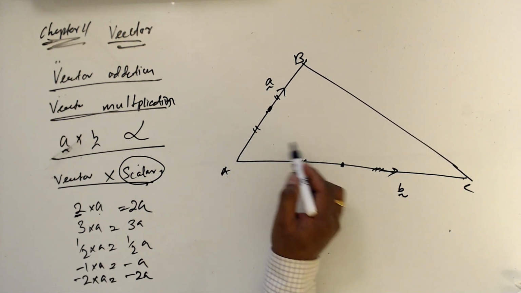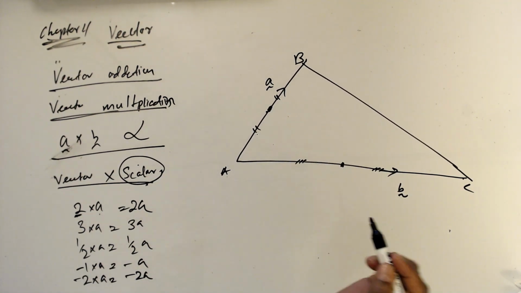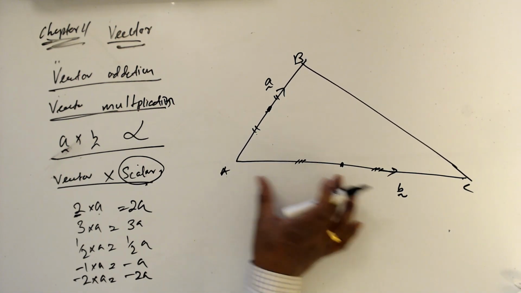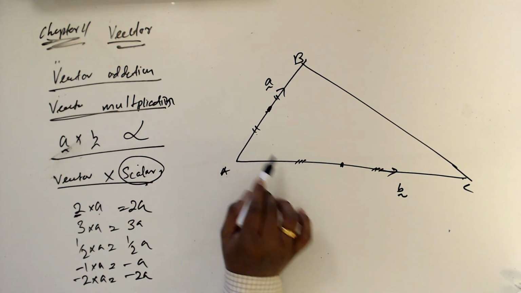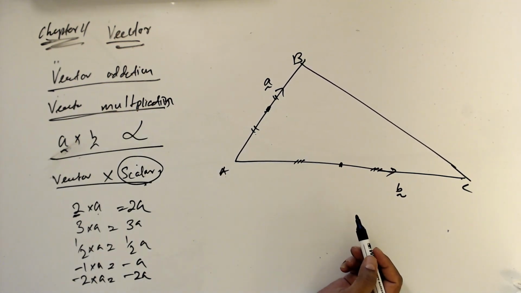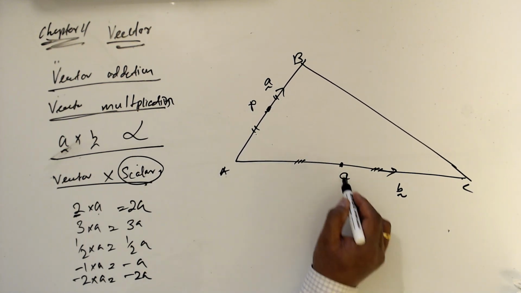I am telling that this side and this side are equal by putting two lines. I write this side and this side equal with three lines, because I can't put the same symbol. Now I call these P and Q.